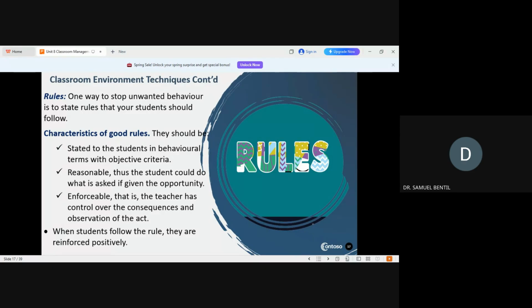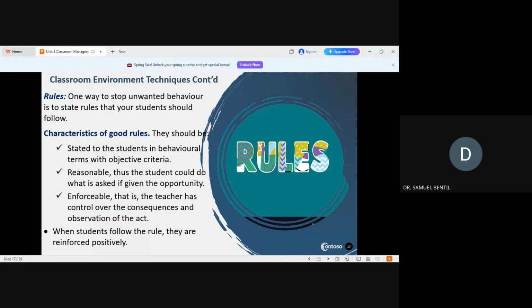And please, teachers, when you are coming out with rules, make sure that your rules are reasonable, enforceable, and reflective of observable actions or behavior you want to see in the learners. That's why we are saying that the rules should be stated in behavioral terms with objective criteria.